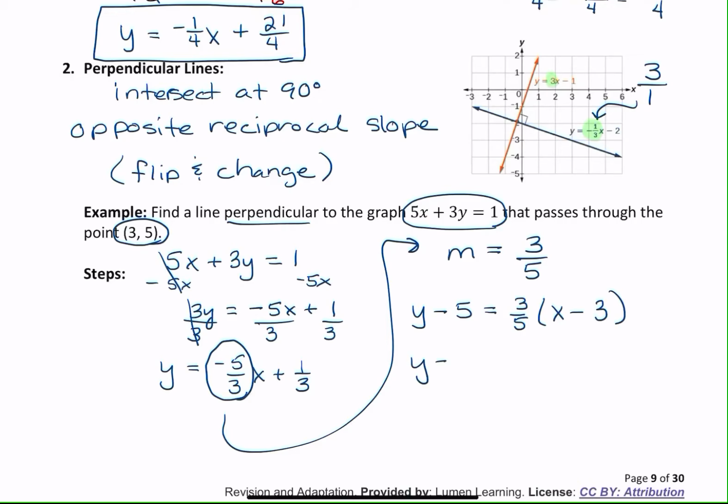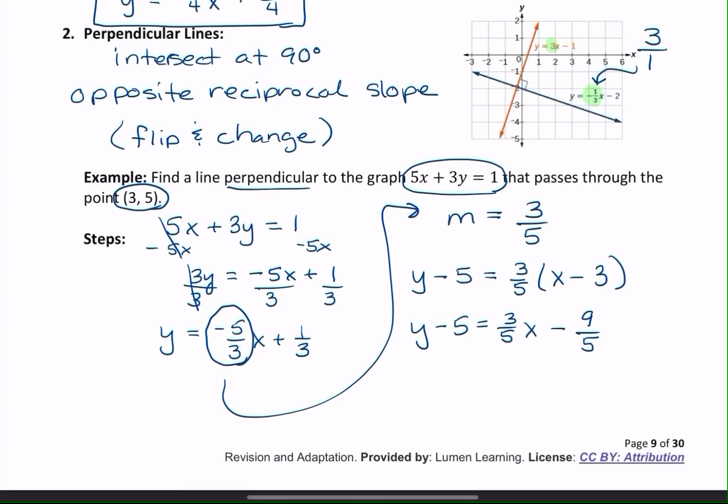So I've got y minus 5 equals 3/5 x, and this is going to be minus 9/5 when I multiply 3/5 times 3. And then I'm going to add 5 to both sides.